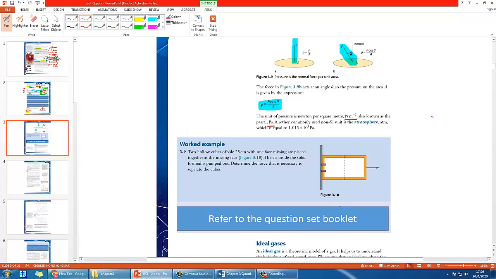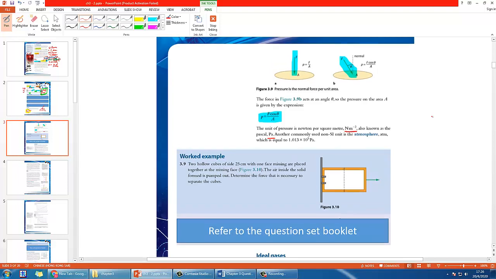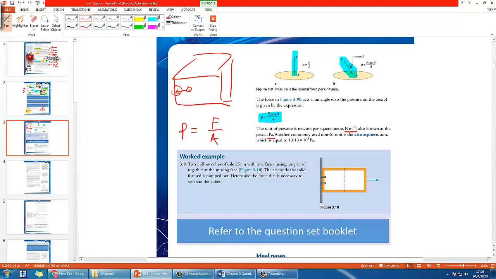And I do think the only connection between this and Chapter 3 is later on you can use this to deduce further on the pressure itself, because later on we'll talk about the ideal gas law, and you think about those particles when they collide with the wall of the container, that collision is actually exerting a force onto the container. So we will talk about force over area as in the area of the container itself.